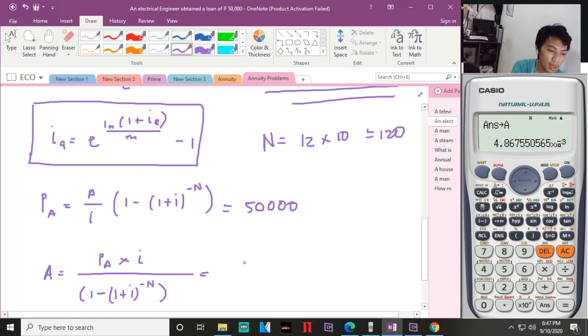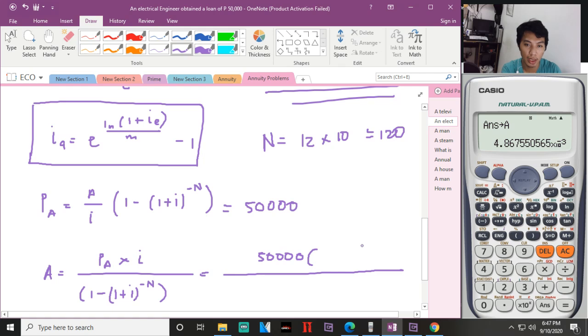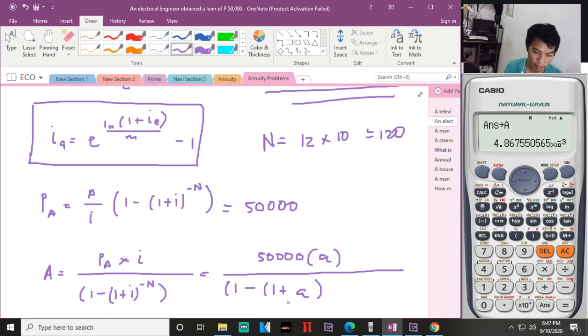So, PA will be 50,000. I is... hindi. Yung nakalagay na lang dito buo. Huwag na natin. Lagay ko na lang dito is yung alpha A. Alpha A yan. And then 1 minus 1 plus alpha A, and then raise natin ng negative 120.